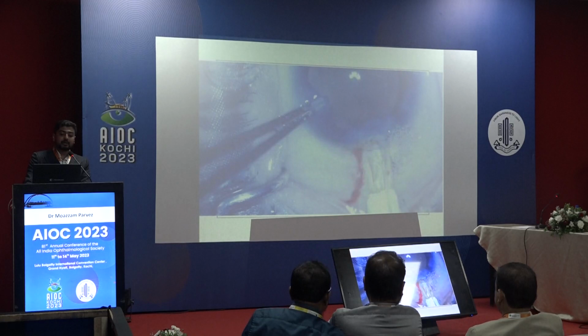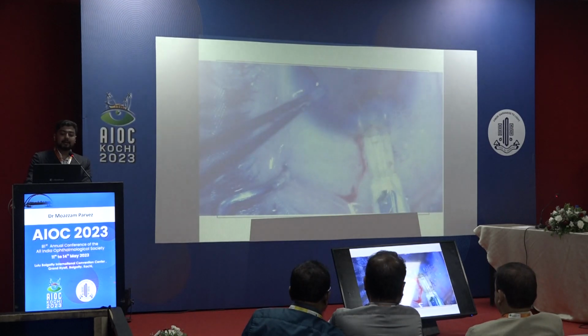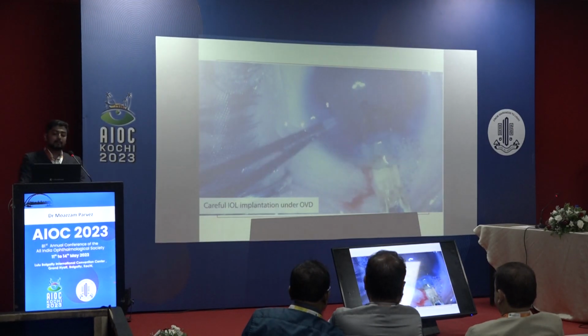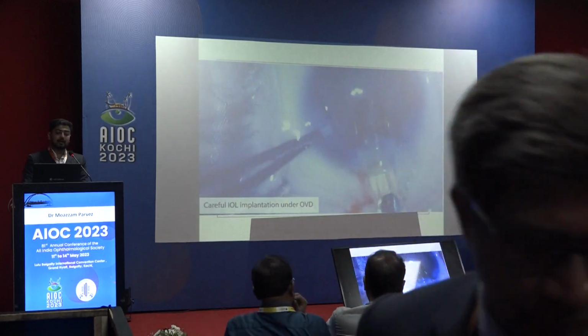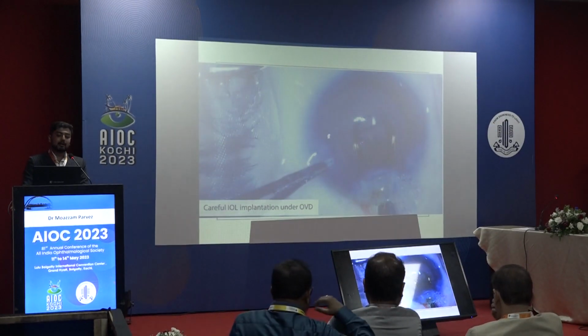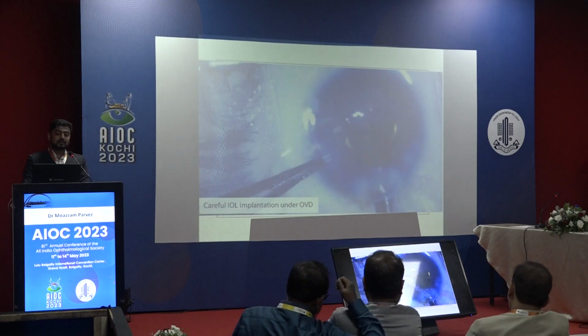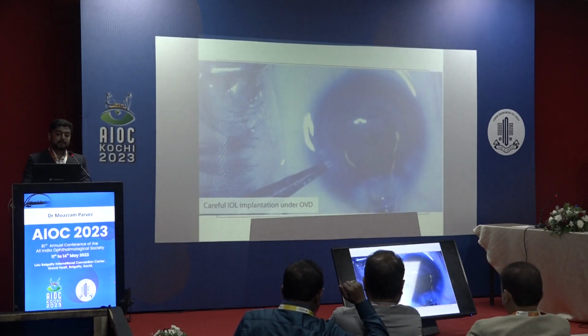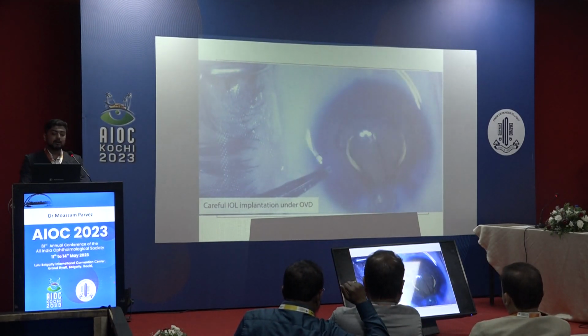Now under OVD, the lens is being implanted in the bag, making sure that the leading haptic lands inside the bag so that the dialing becomes easier in the next steps.